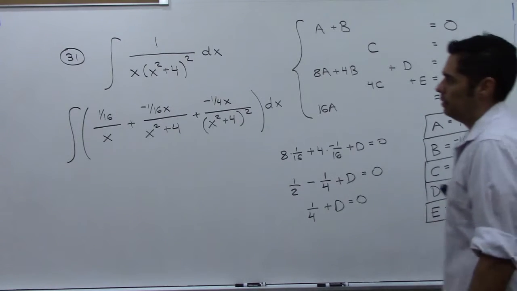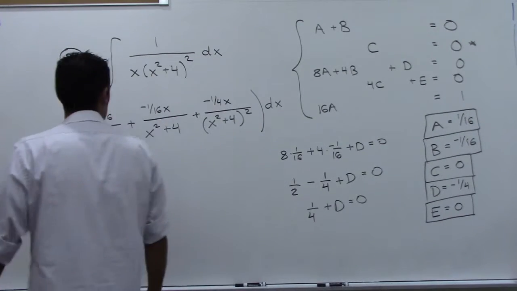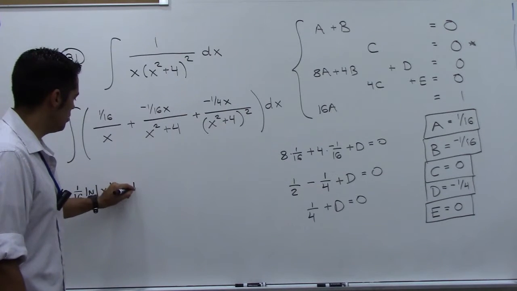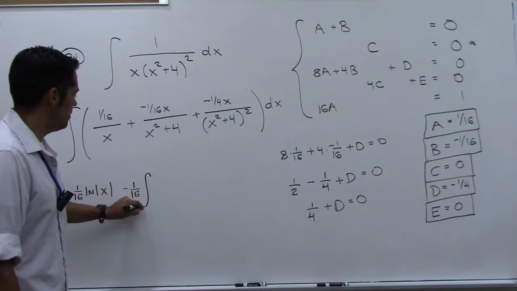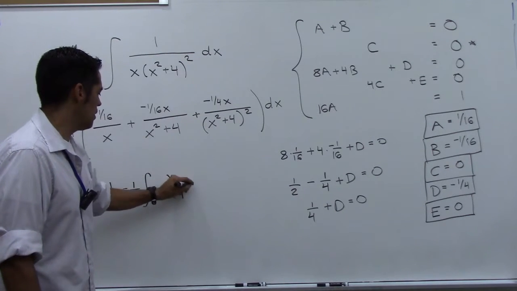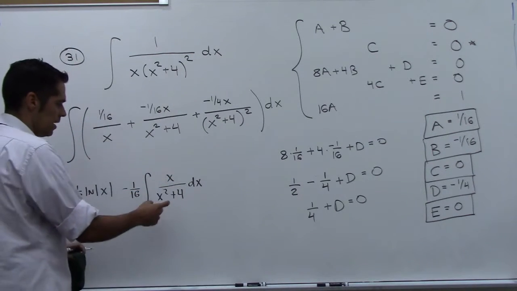That's it. All right, so which of these can I integrate? Well, I know that with this one, I can pull the 1/16 out. This is just 1 over x, so 1/16 natural log x is the antiderivative. This one, I'll pull out a negative 1/16. I'm left with x over x squared plus 4. So I can use a basic substitution.